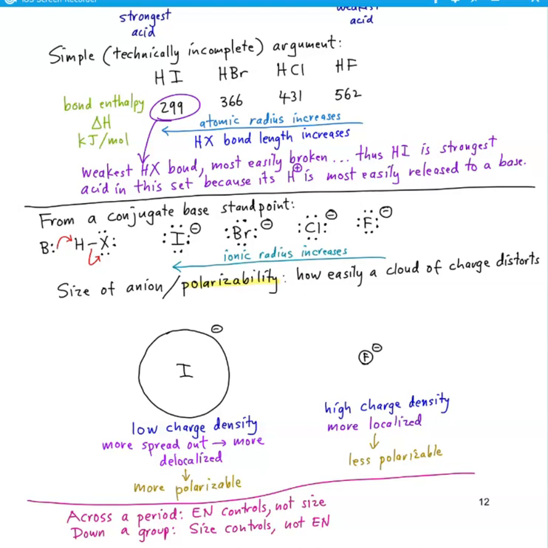So keep those things in mind, that although both of those ideas, electronegativity and atomic or ionic size, are changing as you go across a period and down a group, one is more important as you go across a period, that would be electronegativity, and going down a group, the other one turns out to be more important.